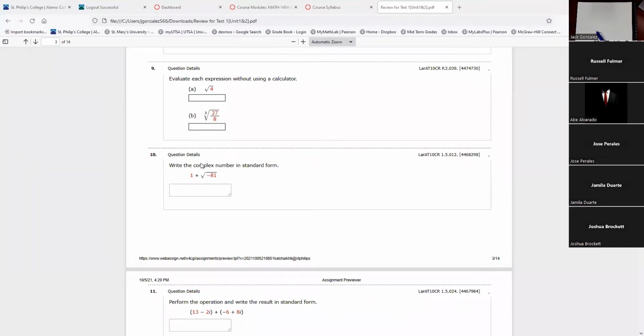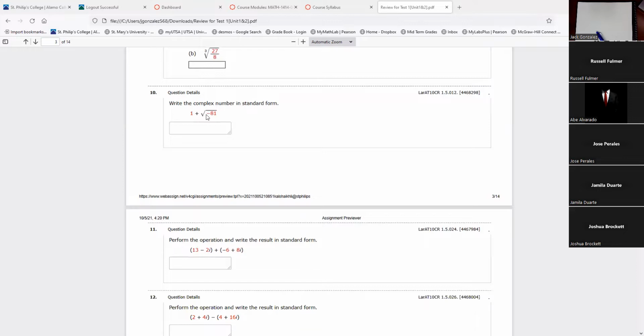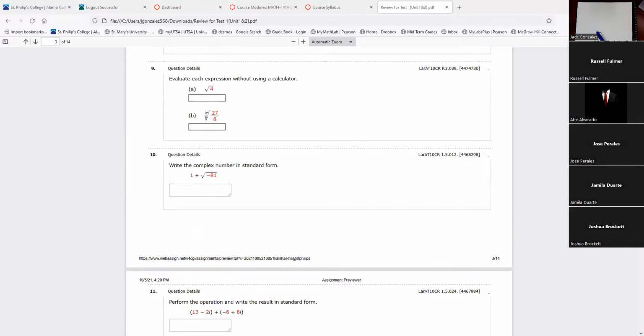Do you have any questions on these? I was going to skip them, unless you want to see one of them. Could we see a B on number 9? Yeah, let's do it.